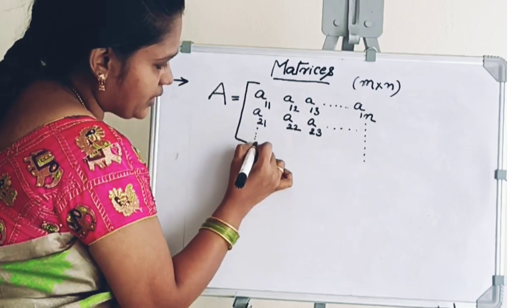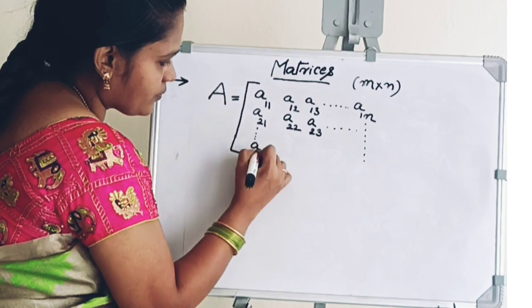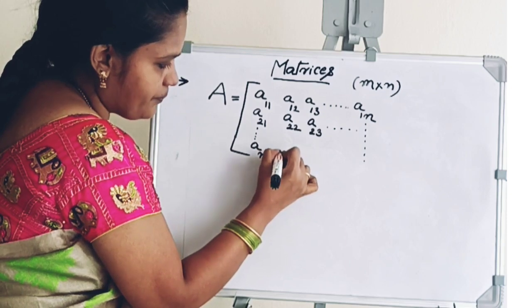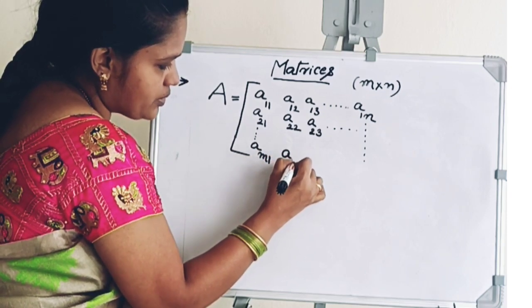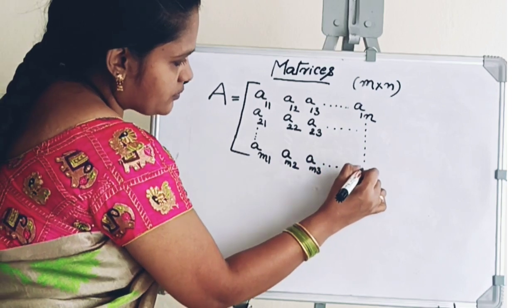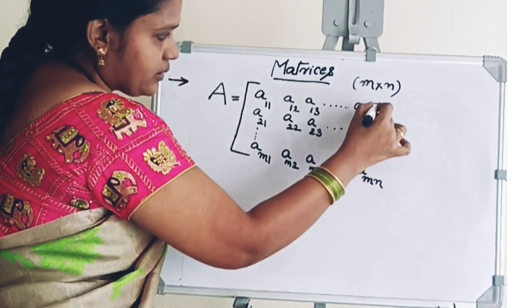If we go, it is mth row, first column, mth row, second column, mth row and nth column.